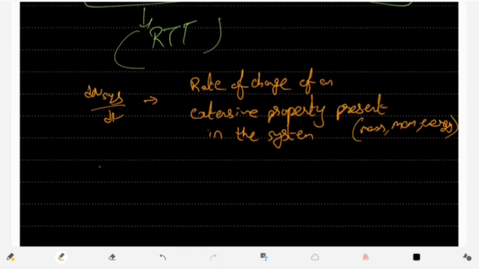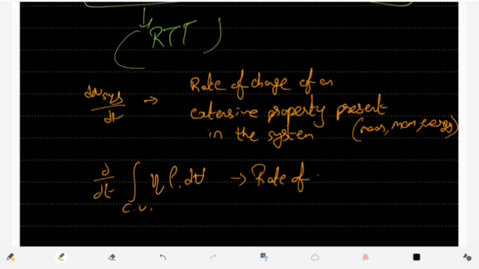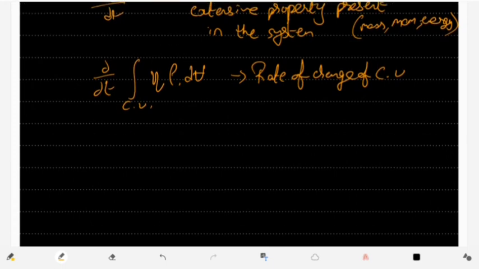And this dou by dou t of the integral over CV of eta rho dV is known as the rate of change of N in the CV, that means change within the control volume with respect to time.